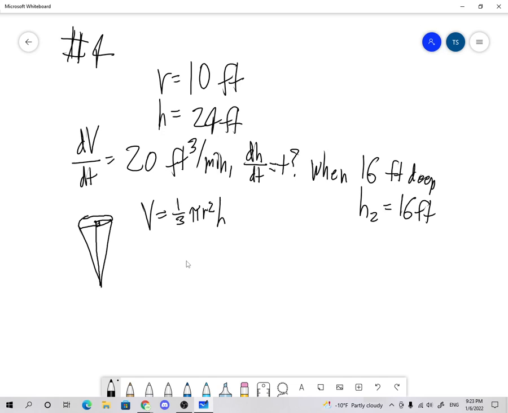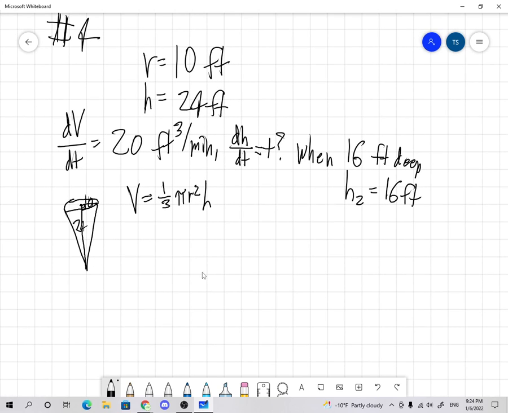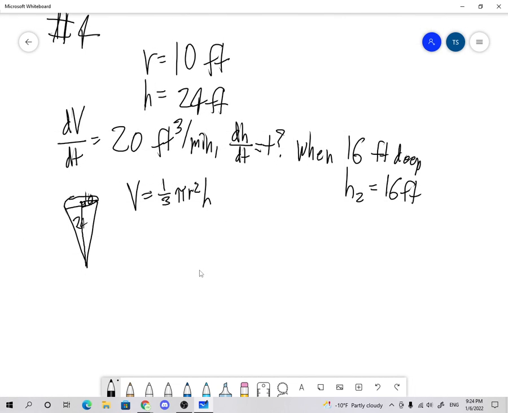So I know that if the height of the cone is 24 feet and the radius of the cone is 10 feet, and it's asking me to find the rate of change of the height at a new cone within the cone, I'm going to look at it instead of trying to solve cones within cones in terms of triangles.